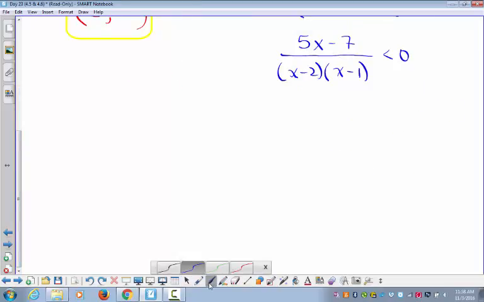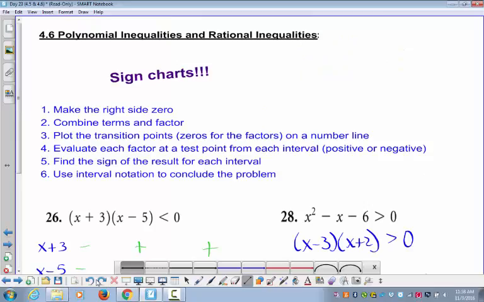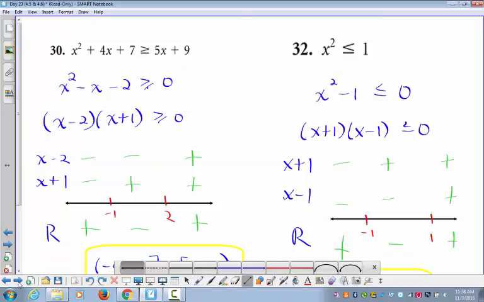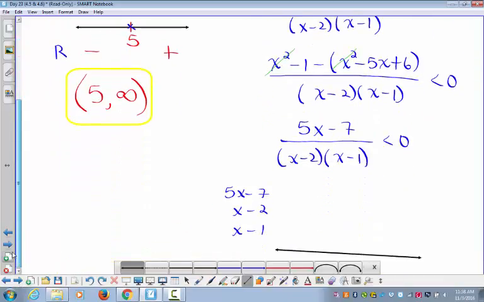So we're going to stack our factors. We have 5x minus 7, we have x minus 2, and we have x minus 1. Uh-oh, where did I go? I have no idea how I jumped that far.